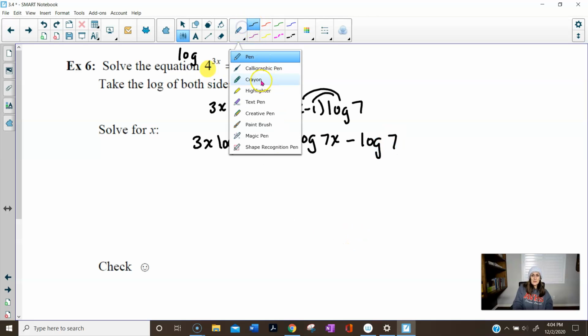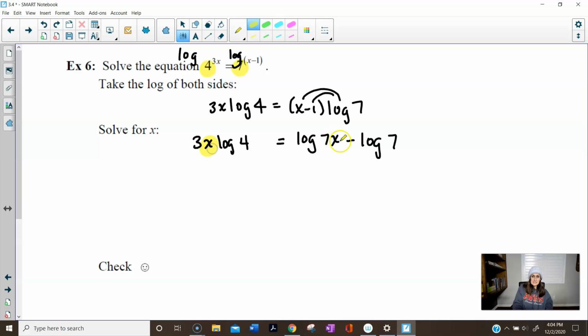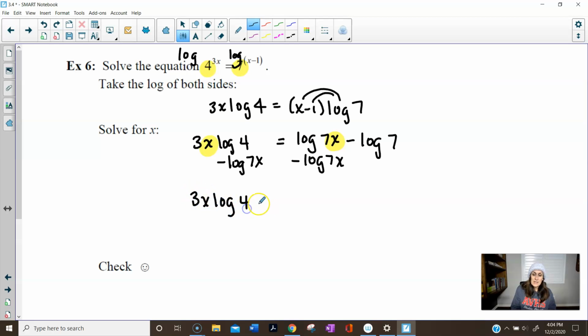Now you want to gather all your x's. Here's an x and here's an x. You want to gather all those x's together on one side. So I will go ahead and take this log 7x and subtract it over to the left. So now I have 3x log 4 subtract log 7x is equal to negative log 7.